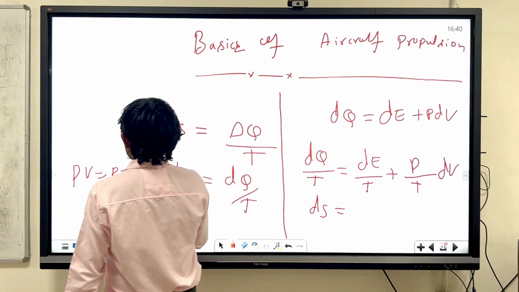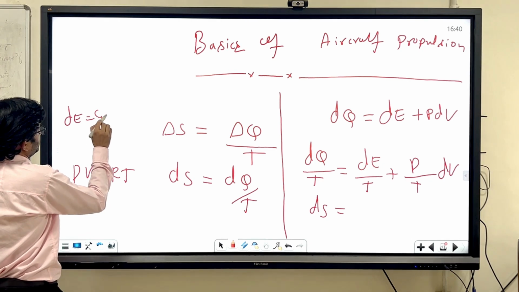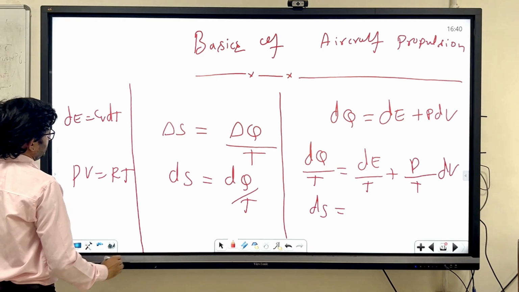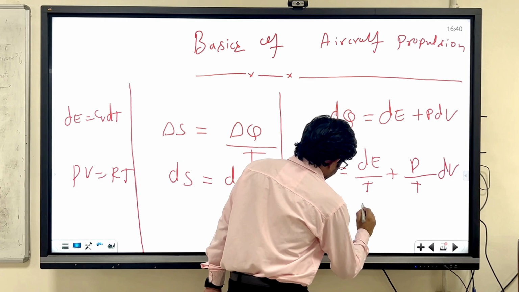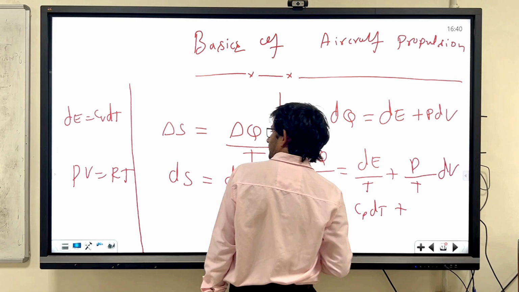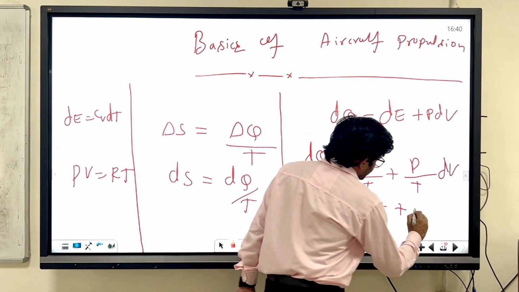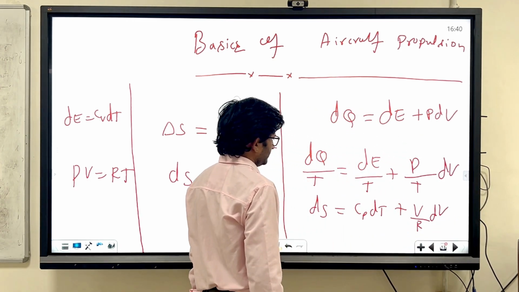And the change in internal energy you can write as cv dT, specific heat at constant volume. Okay, cv dT plus p by T dv, which you can write as R by v dv.